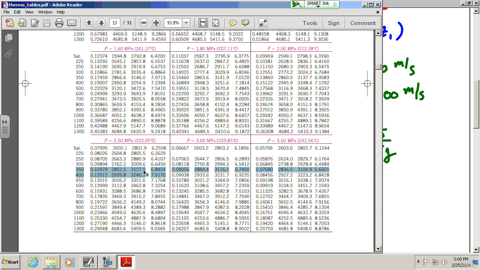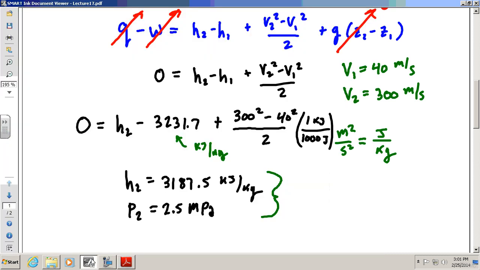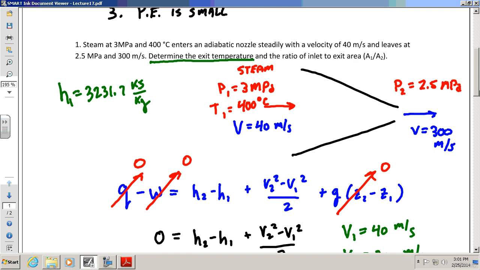If you work it out, you get the temperature by doing interpolation between those two values and using the fact that you know what the H is here. You work out a temperature of about 377. Pretty close. So that's T2. That's the exit temperature of the nozzle.